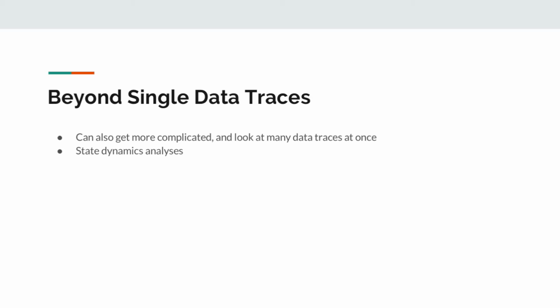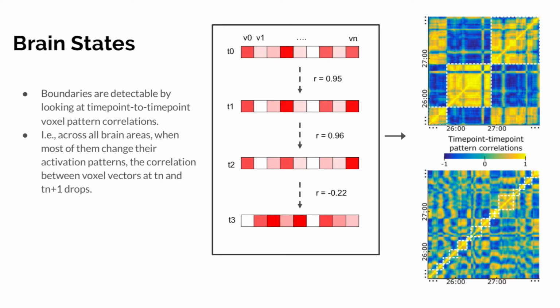And then you can consider data that's even more complex than time courses, where time courses look at brain activity values in one place in space across time. You can consider data that's across time and across space. This would be getting into the state dynamics sort of analyses. If you think about brain states, if someone says, I'm in a current brain state, you think the brain is doing this particular thing in a coherent manner.